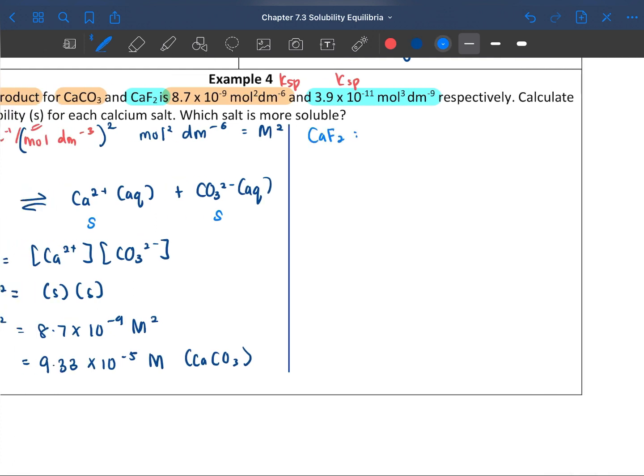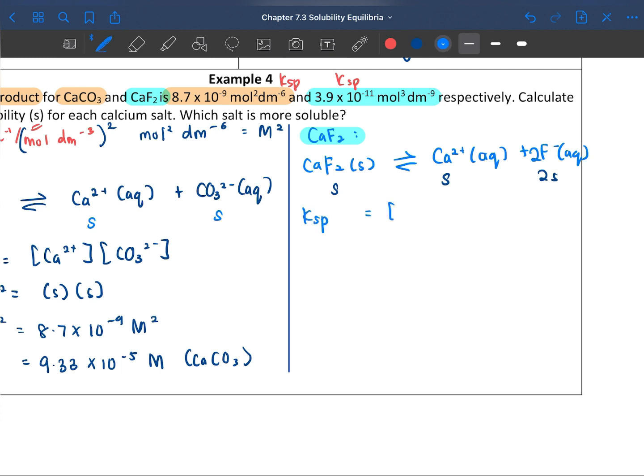Kita kena buat benda yang sama untuk CaF2 pula. CaF2 sama juga, dissociatekan dia. CaF2 solid dissociate to form Ca2+ aqueous plus F minus aqueous. There are 2 fluorine there, so make sure you write 2 here. Over here is S, 2S. Again, write down the KSP equation.